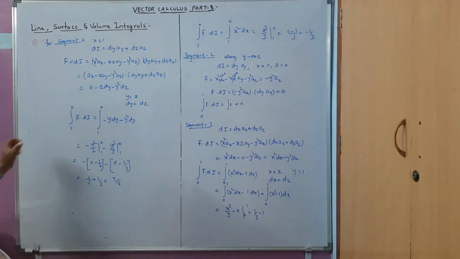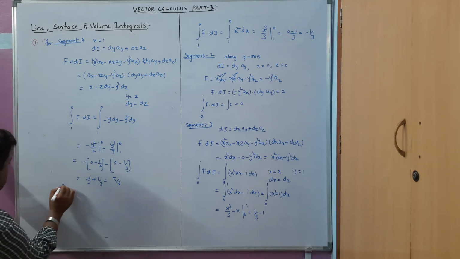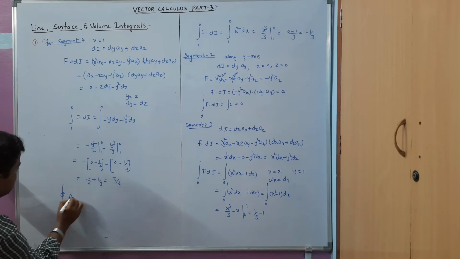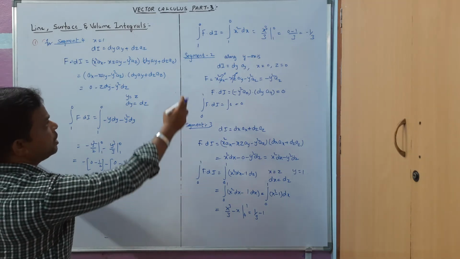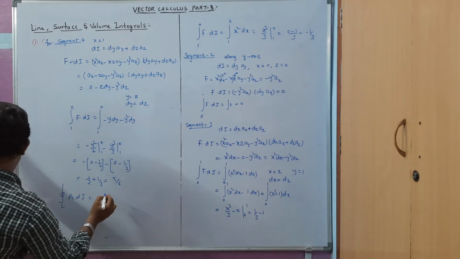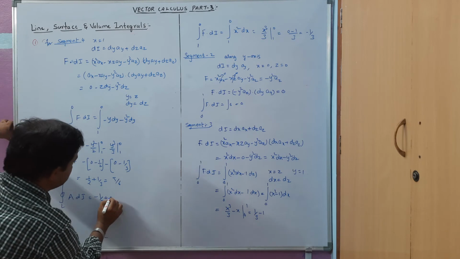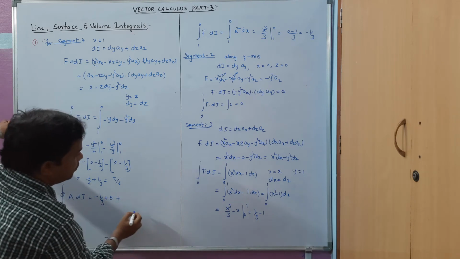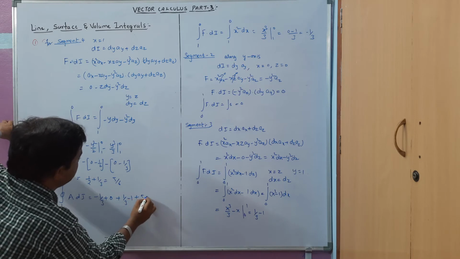So now I have to add all these 4 segments. That is the closed line integral, A dot dl, becomes the sum of all the 4 integrals. The first one we got is minus 1 by 3, the second one is 0, and the third one we have got is 1 by 3 minus 1, plus 5 by 6.